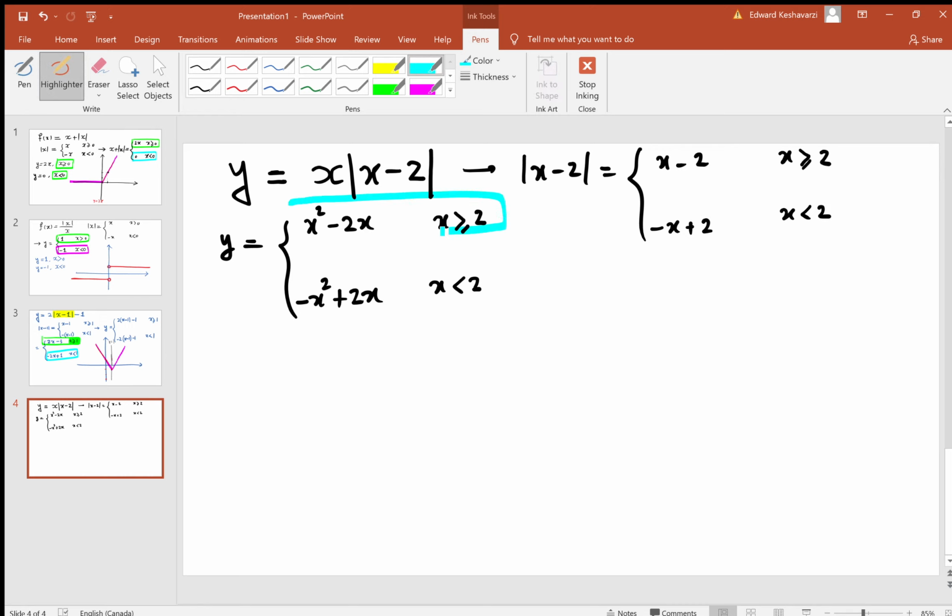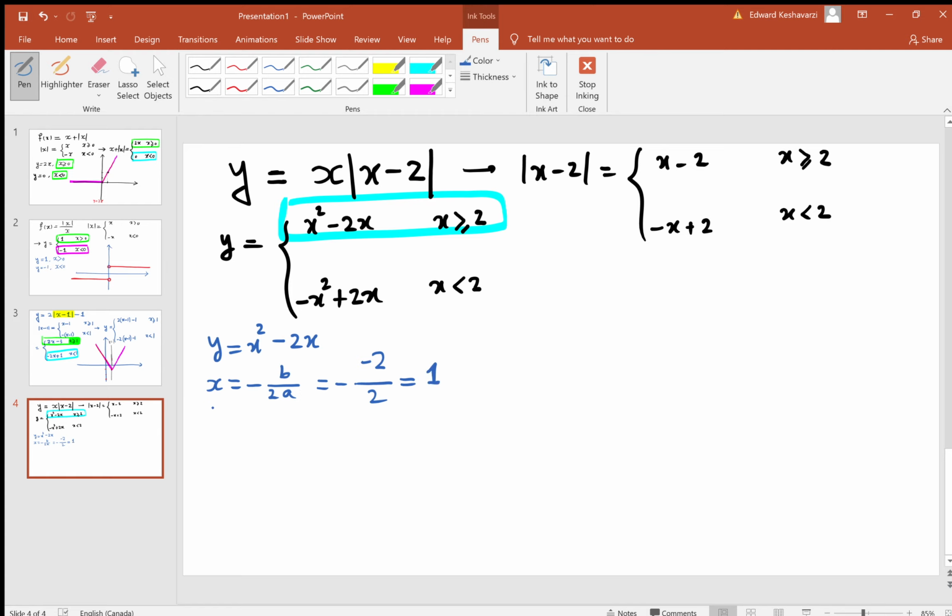As usual, we start with the blue row, which is y equals x squared minus 2x, which is a quadratic function. To sketch this quadratic function, we need the vertex, and the way that we get the vertex is negative b over 2a, which is negative 2 over 2 times a, which is 2. So x of vertex is 1.